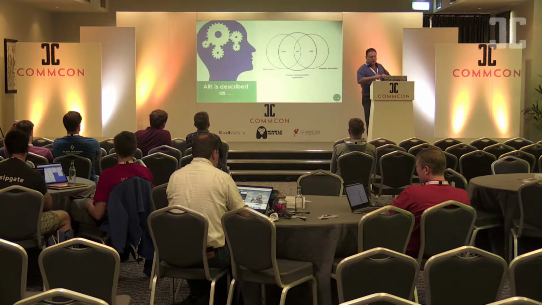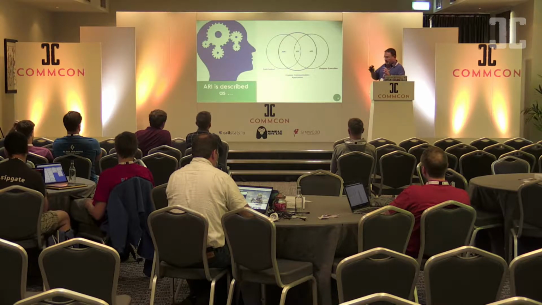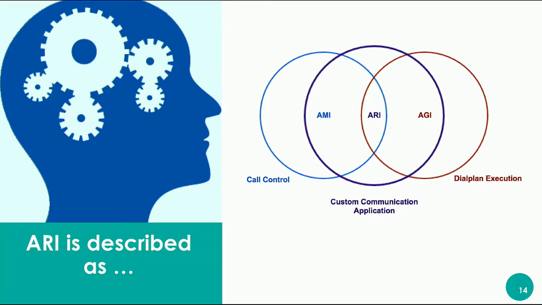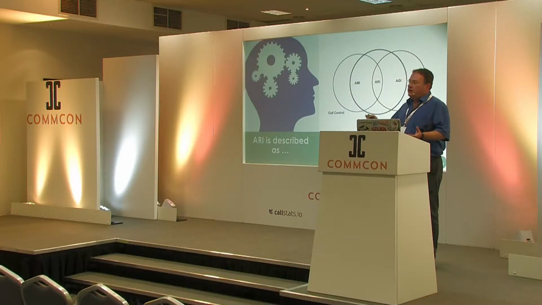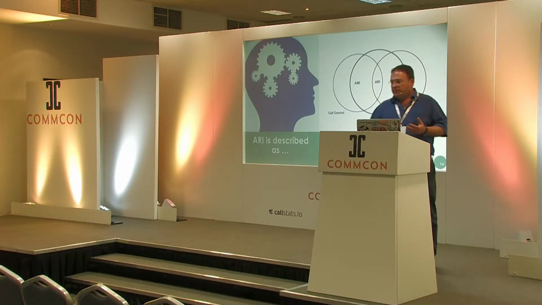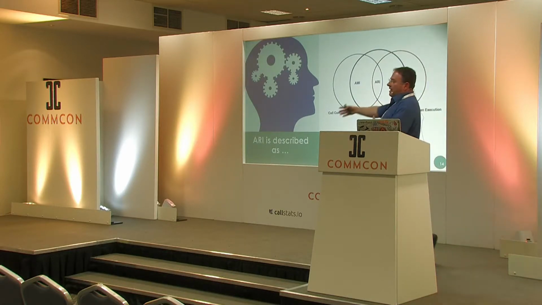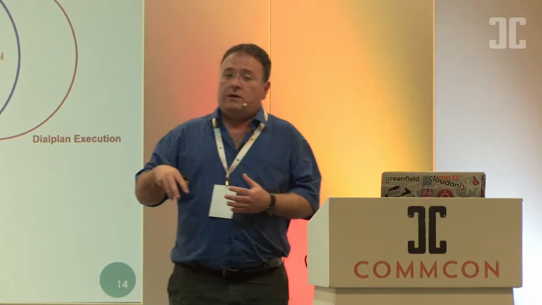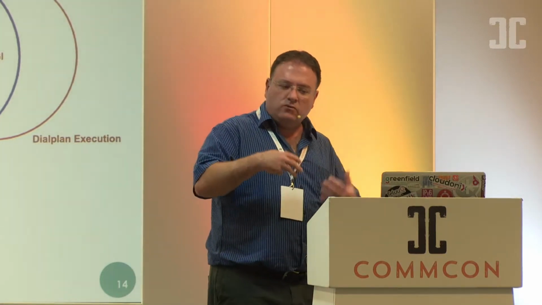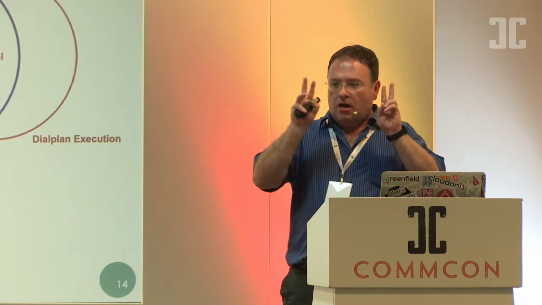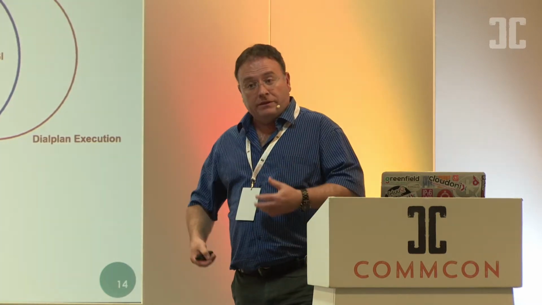If we look at the Asterisk realm as a piece of software or as a project, then ARI is somewhere in the middle between AGI and AMI, because it gives you, on one hand, the ability to interact with Asterisk from a third party, but at the same time provide call control that is normally associated with the dial plan or with AGI.